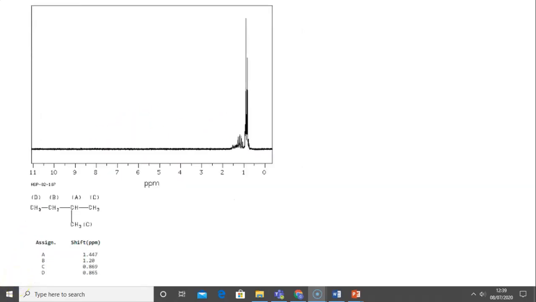The next one we asked you to draw was 2-methylbutane. Now it does have 4 hydrogen environments. You can see them there, A, B, C and D. However, because they are all alkane hydrogens, they're very close together. So the difference between B, D and C is 0.869 and D is 0.865.